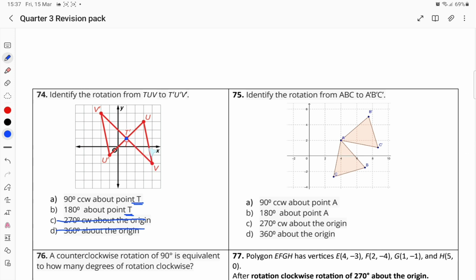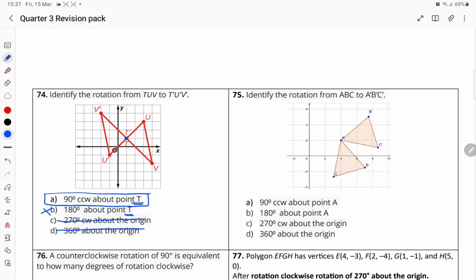T, U, V, when I rotate it, when I find it on the other side, is it 90 degrees counterclockwise or 180? 180, so the point U would be here. Why? 90, 180. But do you find the U here? No, so it is not 180. It is 90 counterclockwise. CC means counterclockwise.